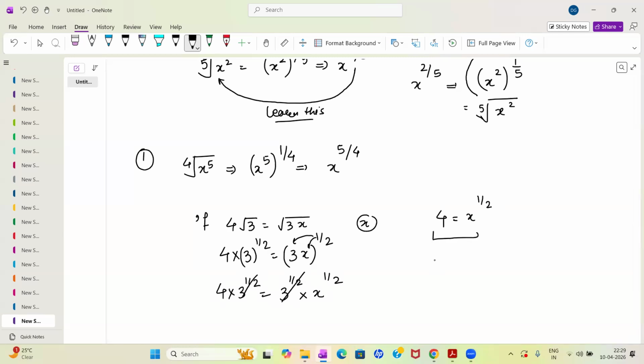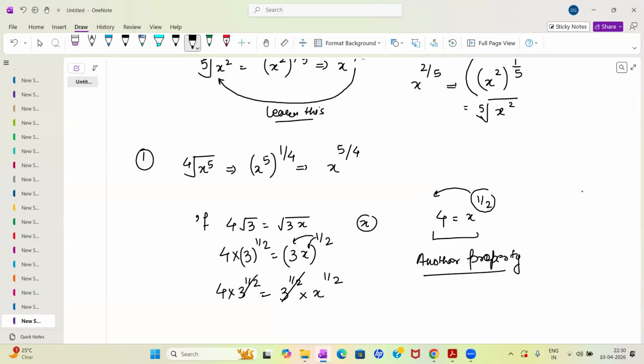Now learn another property, and this is very, very important. Whenever a power goes to the other side of the equals sign, the power will be reciprocal. Again, I'm repeating, if the power of any number moves to the other side, then the power will be the reciprocal.